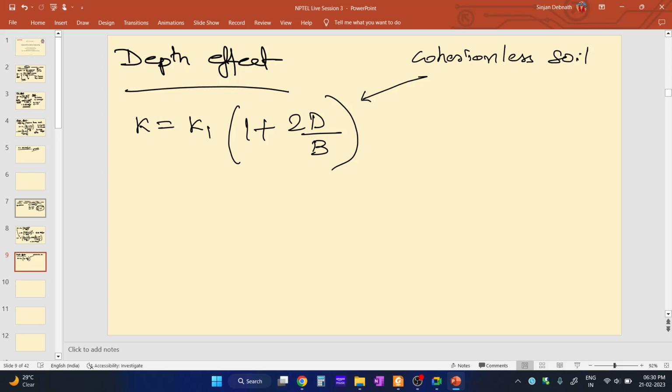Because in cohesive soil, the K value, that is the subgrade modulus, doesn't depend upon depth. The subgrade modulus in case of cohesionless soil only depends upon depth, not the cohesive soil. So we'll incorporate this only when there is cohesionless soil.